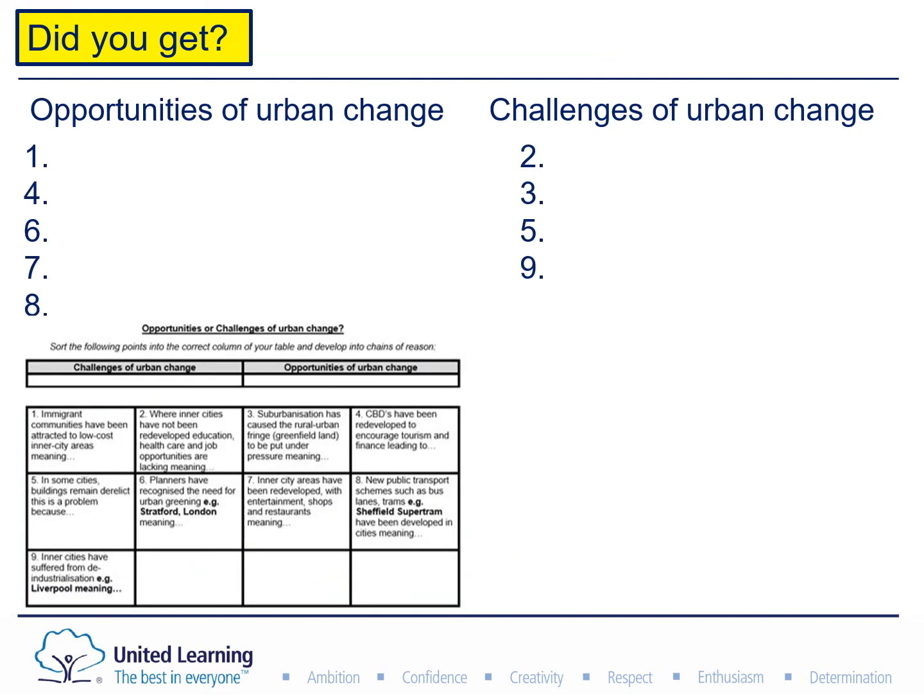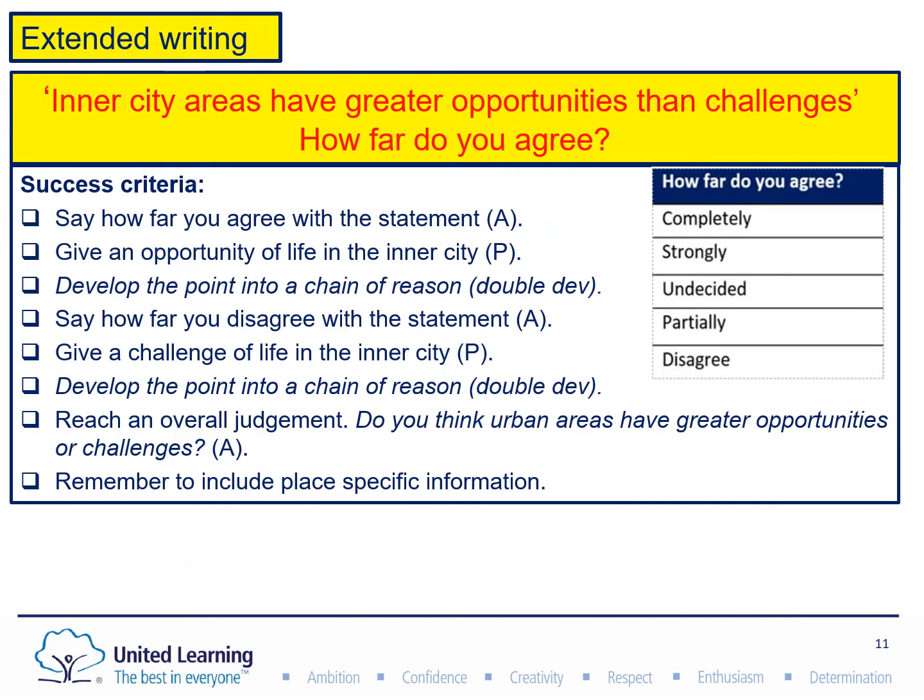Alright, so in your table you should have written down these numbers for opportunities and these numbers for the challenges. Now, for your chain of reason, I will mark those for you when you submit your work. Here is your extended writing activity. Let's have a read. It says here, inner city areas have greater opportunities than challenges.